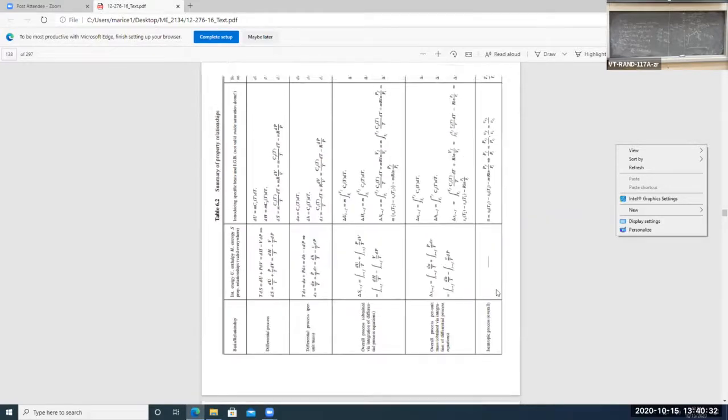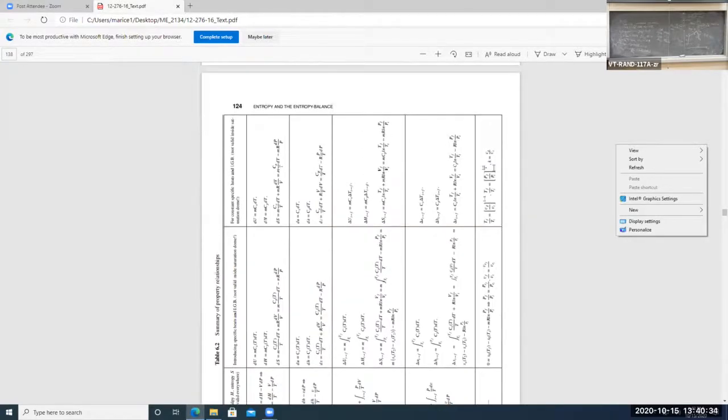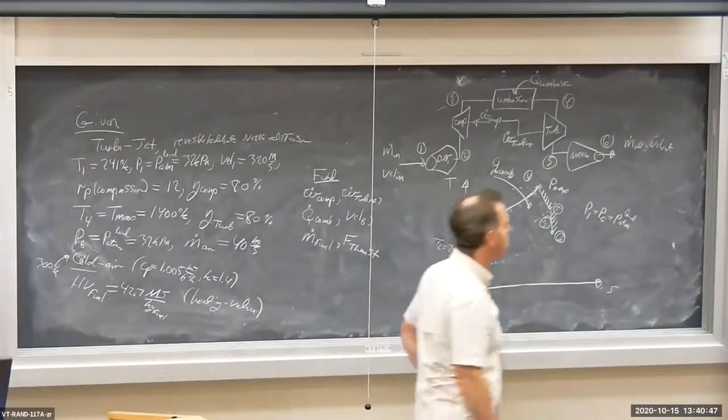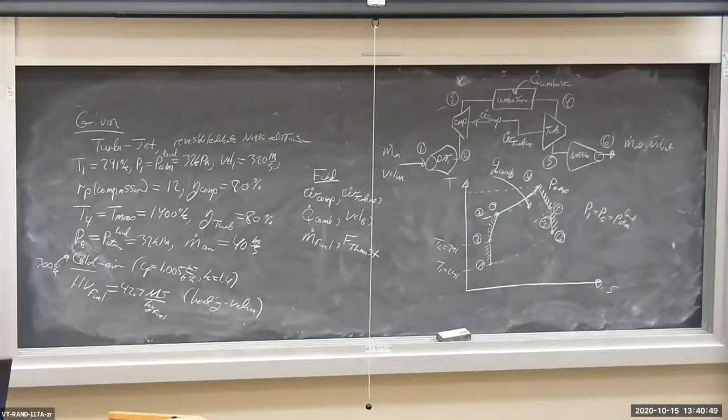Isentropic process, variable specific heat, constant specific heat. T final over T initial is P final over P initial to the K minus 1 over K. Let's use this property relationship, constant specific heat, to get our final pressure P2.